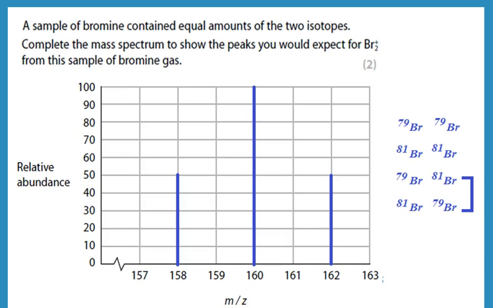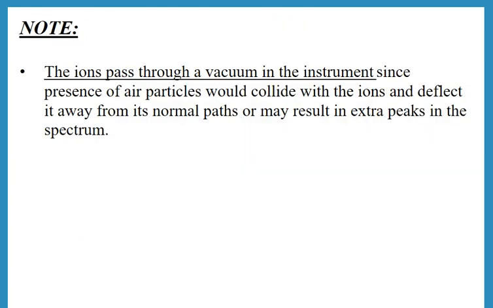In that case, I have 2 out of 4 choices, and that means that the peak for this one, which is at 160, should be twice the relative abundance as the other 2 peaks. Do we understand this? Okay, so this is the kind of spectrum that we should draw for this.